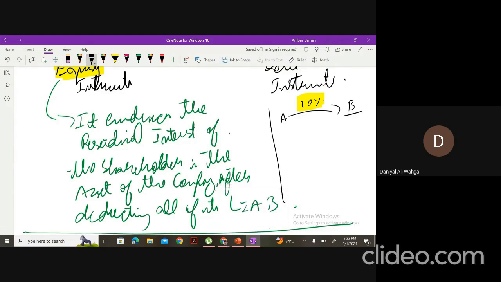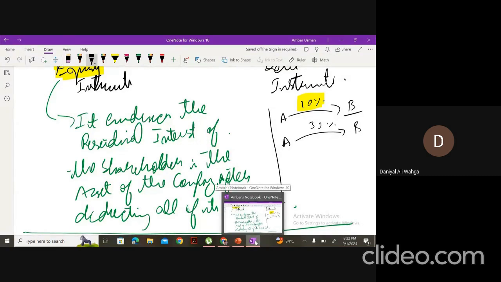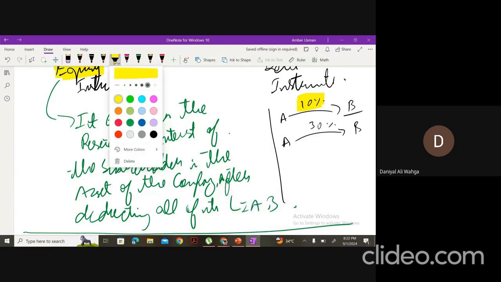For example, let's suppose company A has acquired around 30% of the ordinary shares in company B. Now the scenario changes, right?